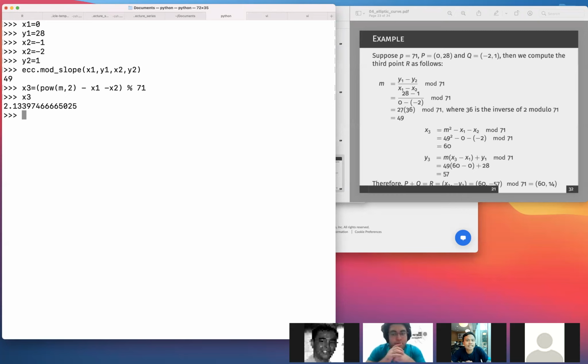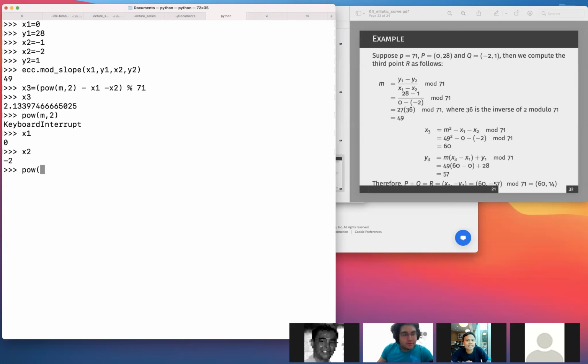Hold on, something is wrong here. M squared, pow, M squared. So what's my x1? 0, x2, mod 71. Oh, okay, sorry. Maybe for M you have to write 49 instead.